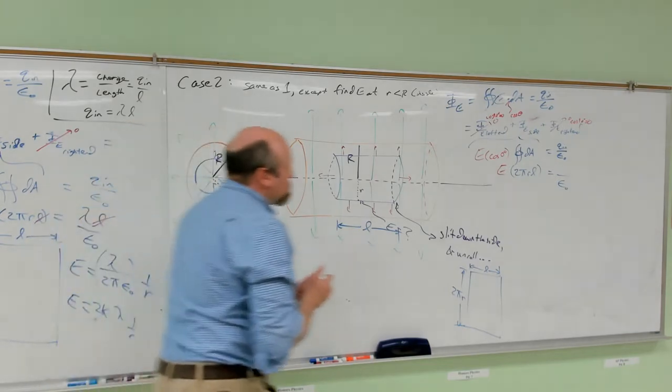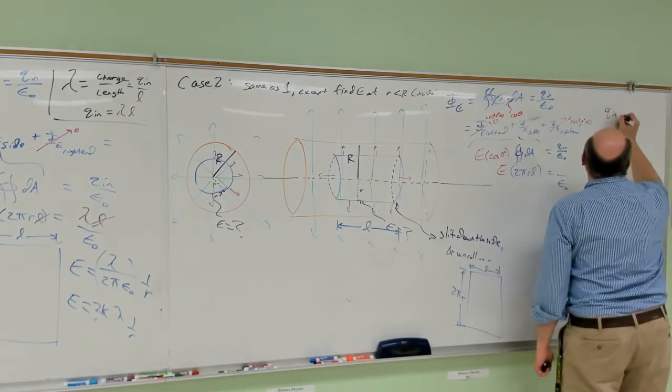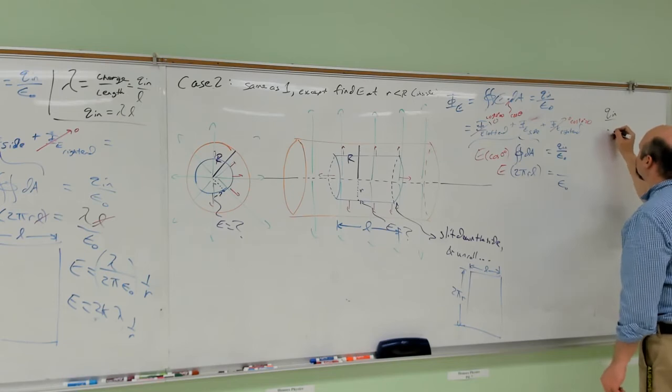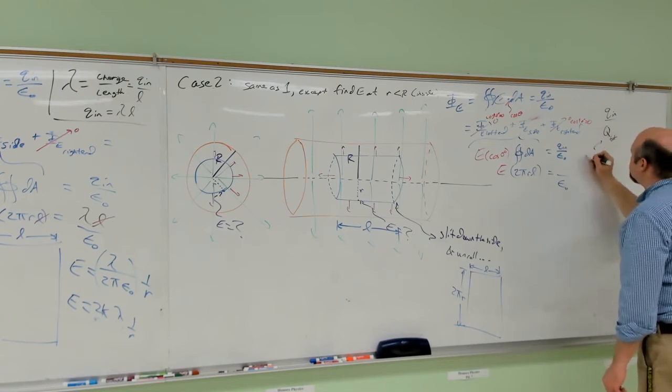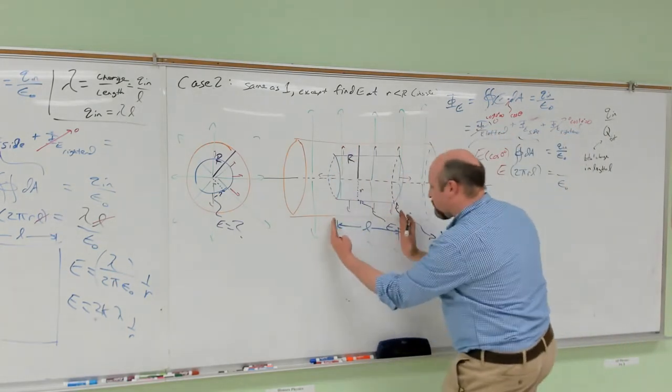So I'm going to set up a ratio. I'm going to say my Q in is to the total charge, total charge in length L, just in this part from here to here.